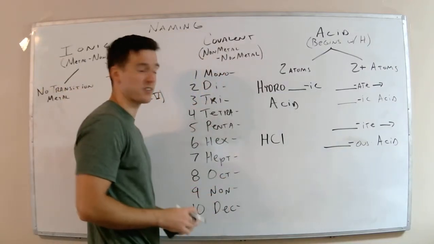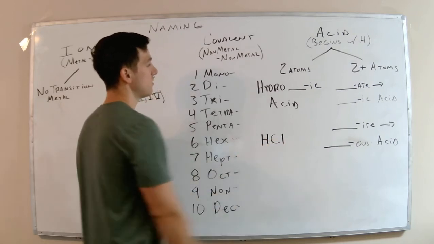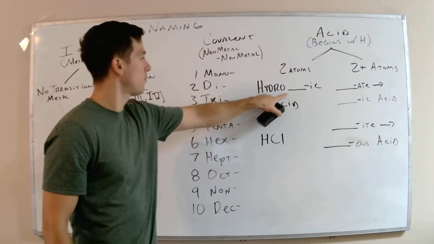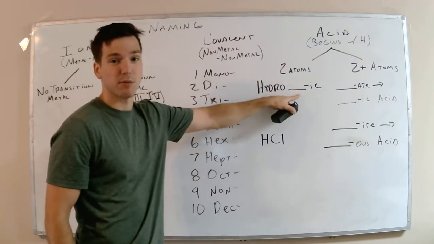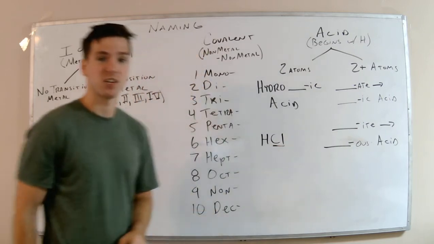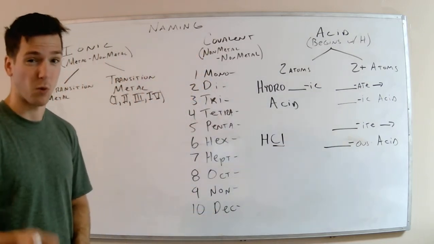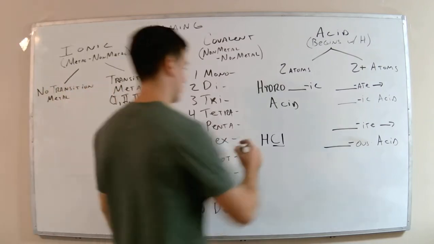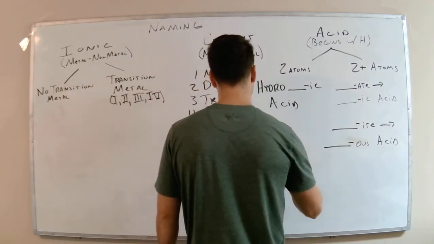For two-atom ones like HCl, all you're going to do is call it hydro-blank-ic acid, where in that blank goes the prefix of the atom attached to the hydrogen. So chlorine, so this would be hydrochloric acid.